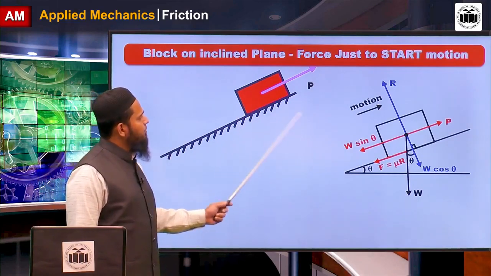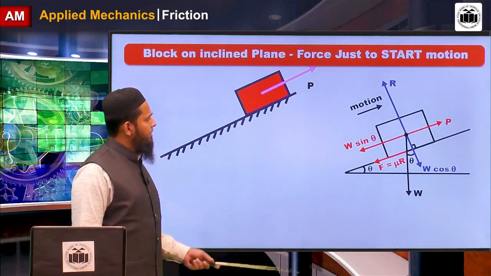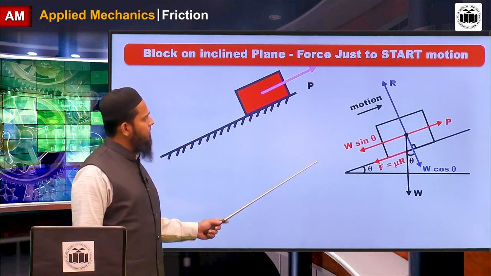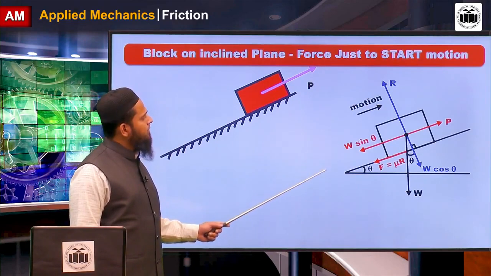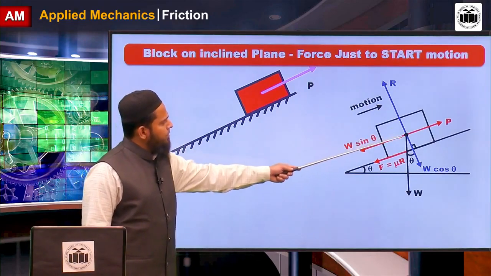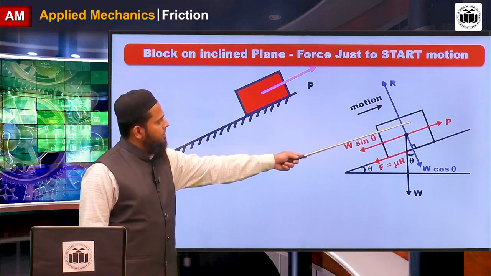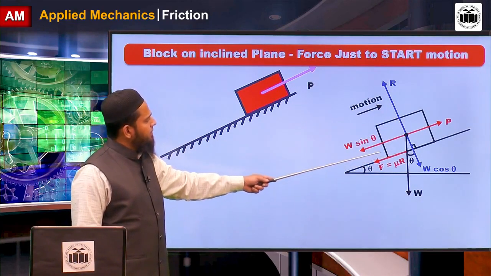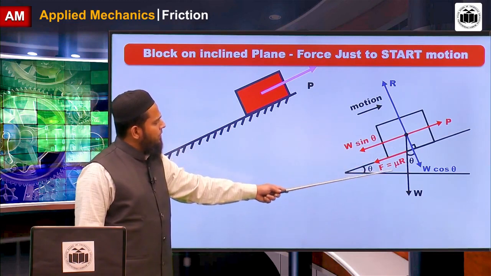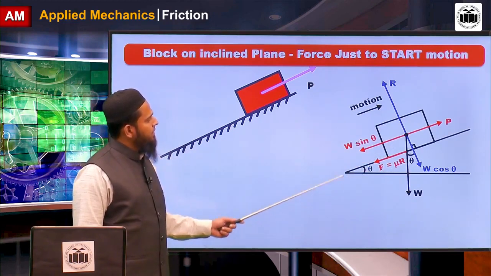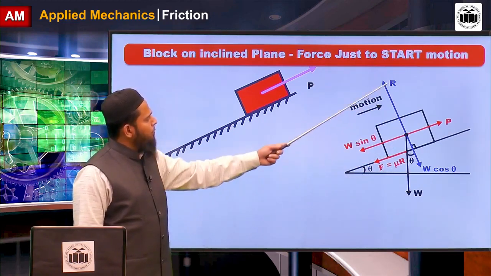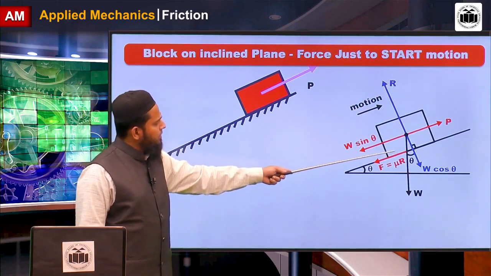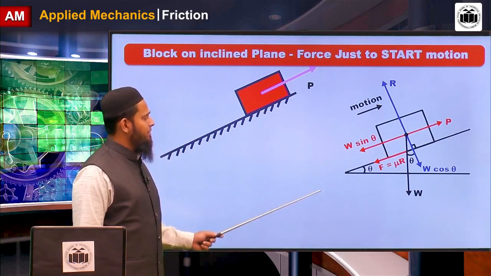When we start the motion with P, it is on the verge of motion, so it is in limiting equilibrium. Means what? This force is P, which starts the motion, and W is in vertically downward direction, but here motion is in upward direction, so frictional force is in downward direction. This is the main change.